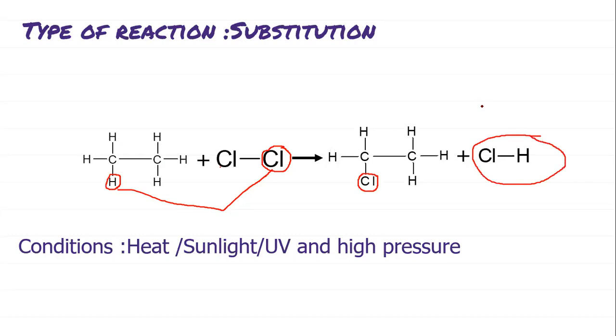And this product, we can see that this is an inorganic product. We classify this product as inorganic altogether. Why are we saying this molecule is inorganic? Because I can see that it is made up of chlorine and hydrogen.